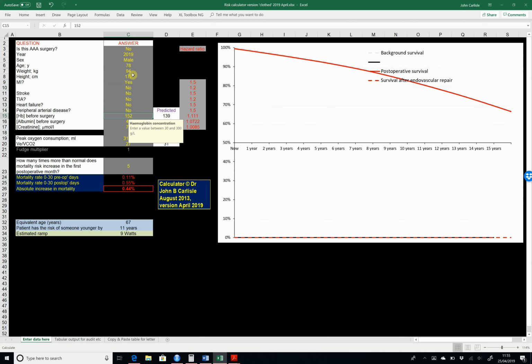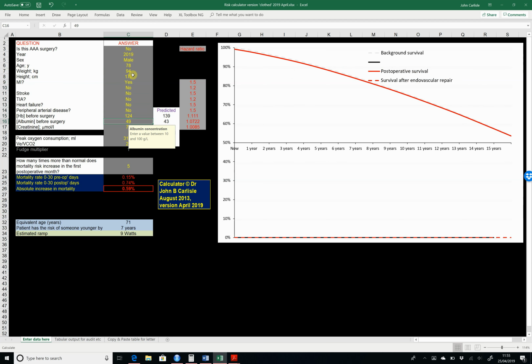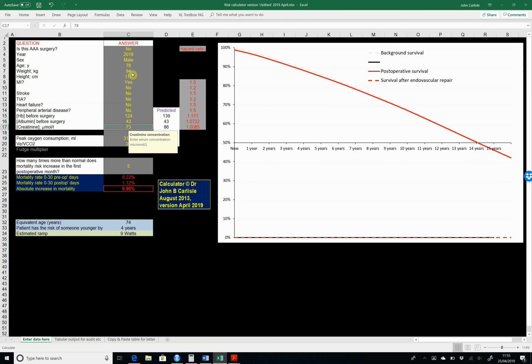Let's say they're a little bit anemic. Well, first of all, let's go down to their predictive value, because the hemoglobin is predicted to be a bit lower for people as they get older. And let's say they're a bit anemic, 724. Let's put in their predicted albumin. Let's say their albumin's normal. And let's say they've got some renal dysfunction, say 118 micromoles per litre.